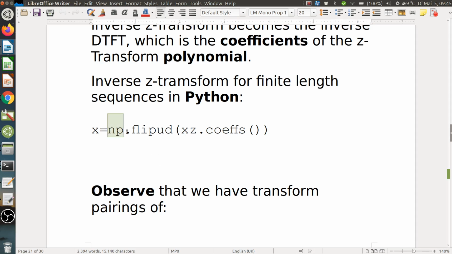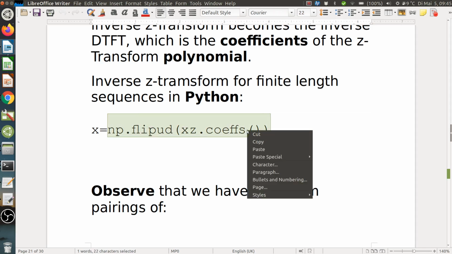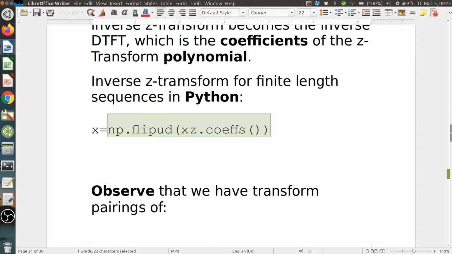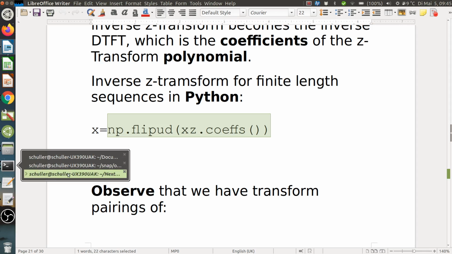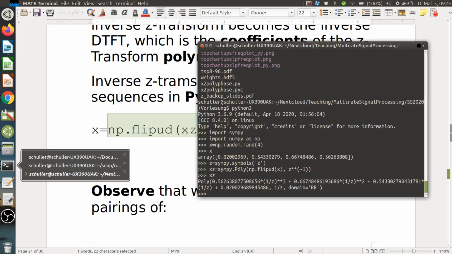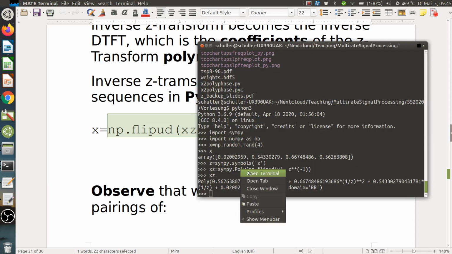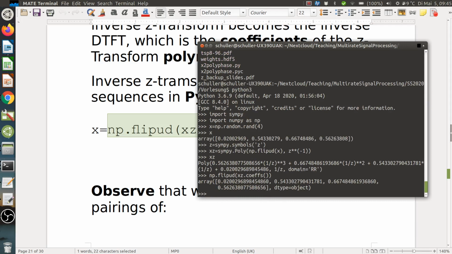So let me try. I just copy it and plug it into my terminal here with interactive Python, paste, and there we go. So here we can see this is our inverse Z transform, and here the first sample 0.02 is indeed the first sample that we had from our signal.